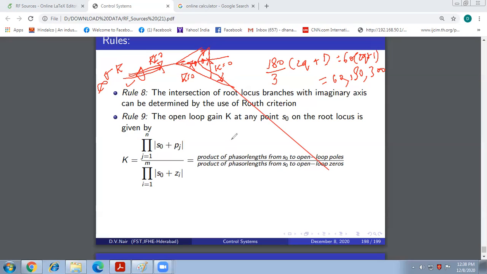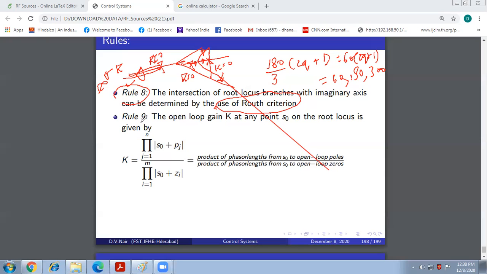And we know that in this case the root locus branches are moving into the right half of the S plane. So rule 8 tells us about finding the intersection of the root locus with the imaginary axis. Earlier also we have made use of Routh criteria in determining such intersecting points between the root locus and the imaginary axis. We will quickly take an example here also to fine tune that concept and rule 8.